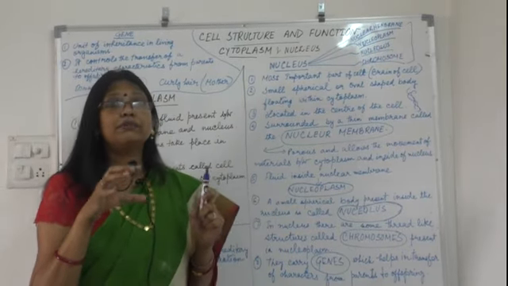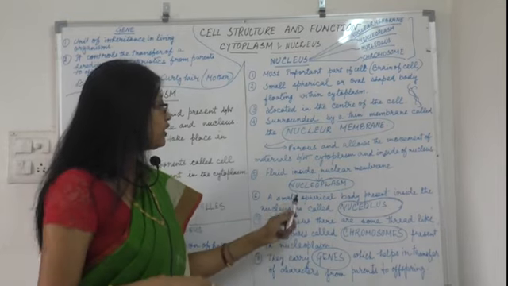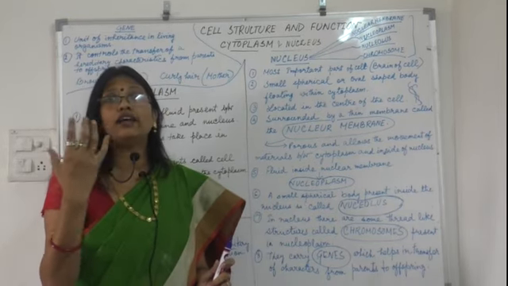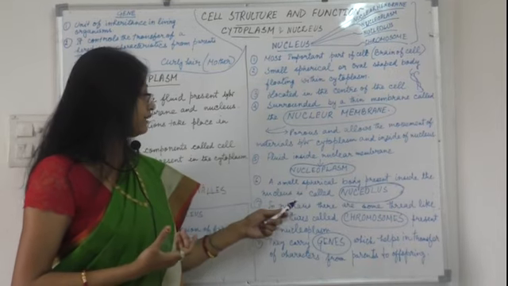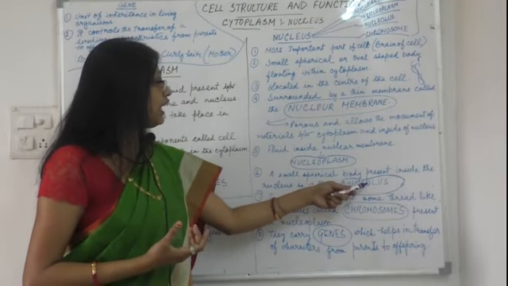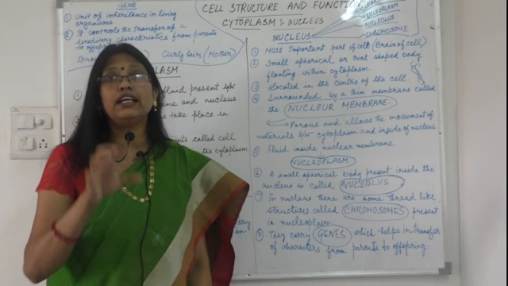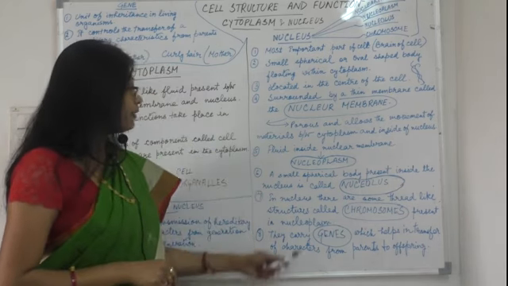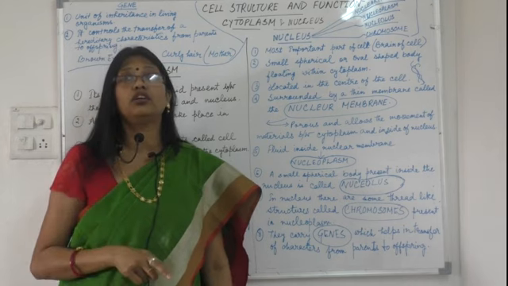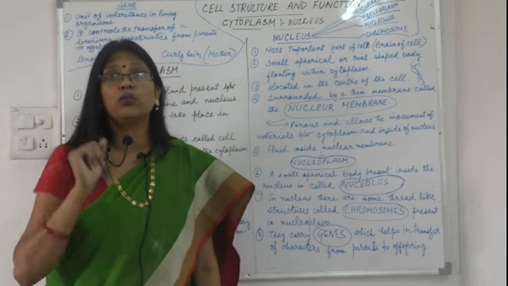Nucleoplasm, the fluid present in the nucleus. Nucleolus, an oval shaped body present inside the nucleoplasm. And lastly, chromosomes, thread-like structures in the nucleoplasm.